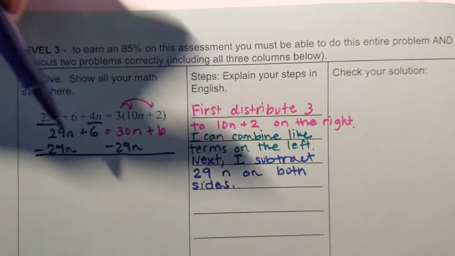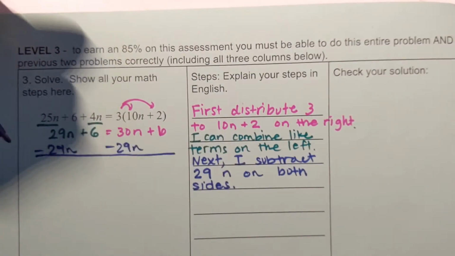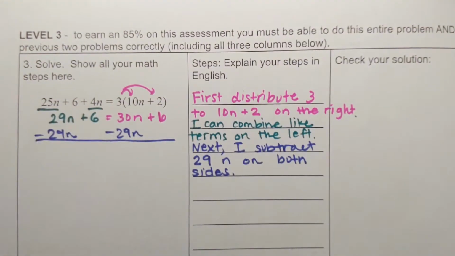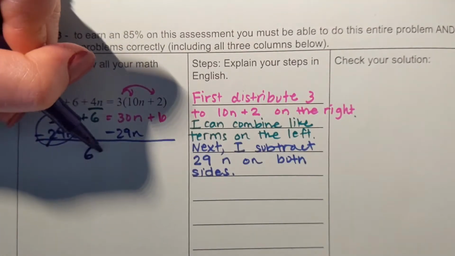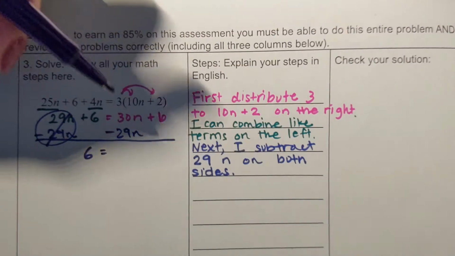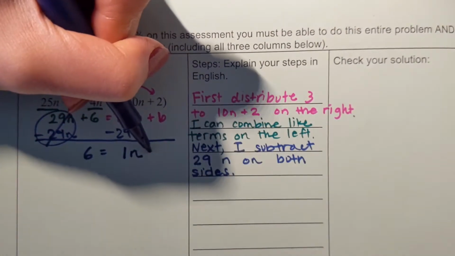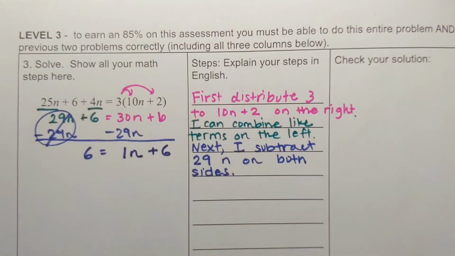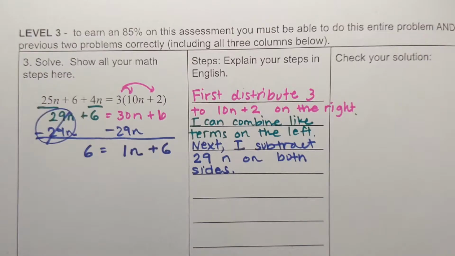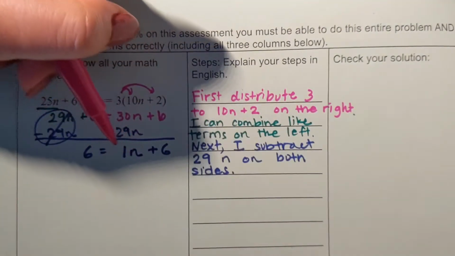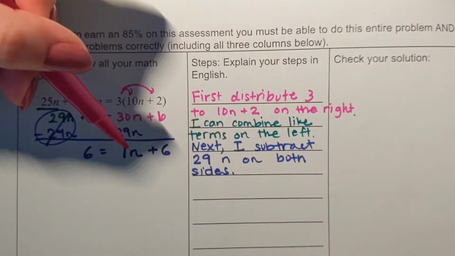When I add and subtract on both sides, I can only do it with like terms. So these are going to go away and give us 0. 30 minus 29 is 1. So I have 1n plus 6 here. We're almost there because this n is basically alone with this 1 in front.